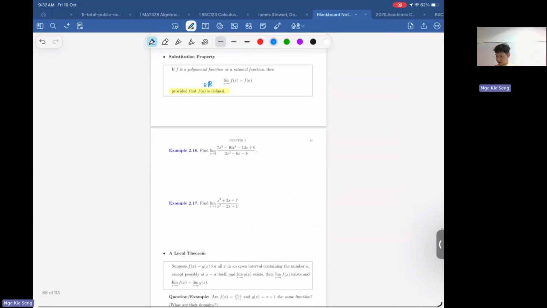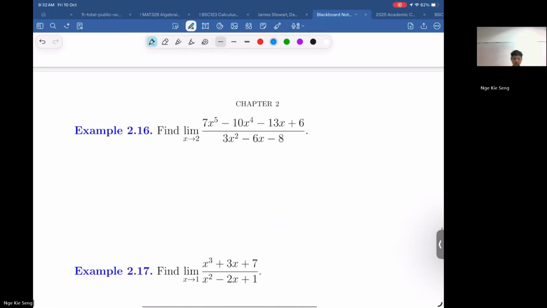All right, let's continue here. Let's quickly do this. If you want to find the limit of this quotient of polynomials, what kind of function is this called? Margaret? Rational function, right? Because this is a quotient of two polynomial functions. So what can we do by the theorem? You just substitute.